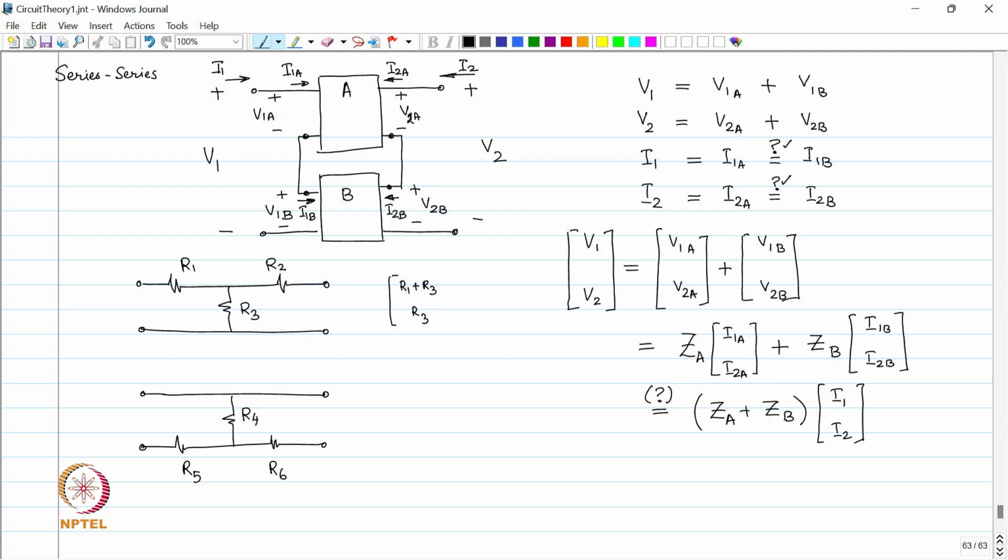Experiment finished. Now, I open circuit port 1, I push 1 ampere into port 2. What voltage do I get? V1 is R3 times 1 ampere and V2 is R2 plus R3 times 1 ampere.